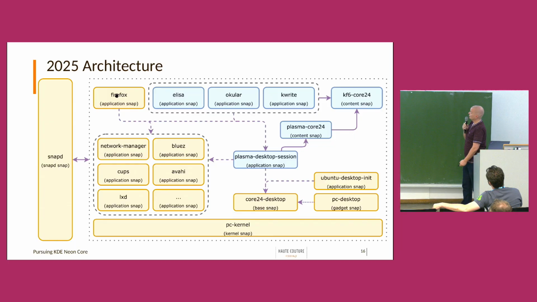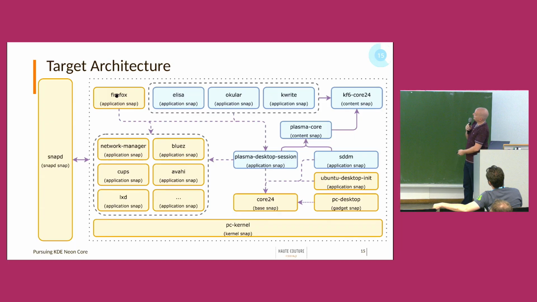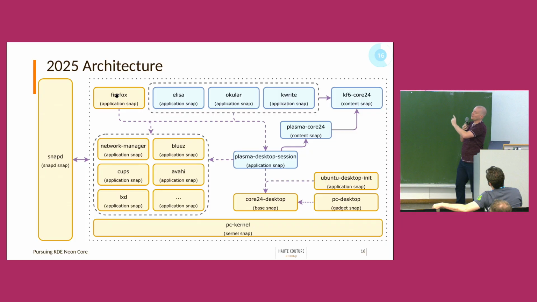But if you look, we didn't get SDDM, and there's a reason for that, I will get to it. And if you look at Core 24, we're not quite using it, right? So we're using a Core 24 that we are not making, which is made by the Canonical people, but that's the Core 24 desktop one. So that's the one with GDM and all of GNOME and so on, which is in there.